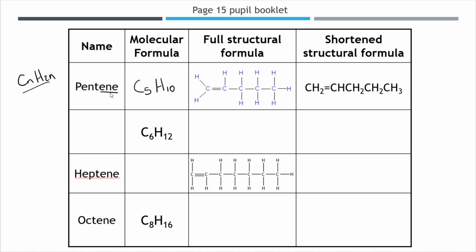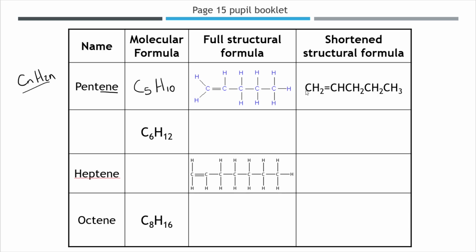Since it's an alkene, it has a carbon-to-carbon double bond, and here it is there. And if we were drawing the shortened structural formula, which is where we don't normally include bonds, we just draw the carbons and what they're bonded to without the actual lines, you will have noticed that the double bond is included here, and that's because it's an important bond.